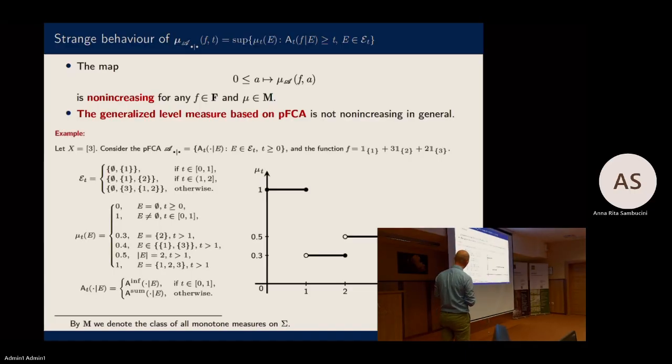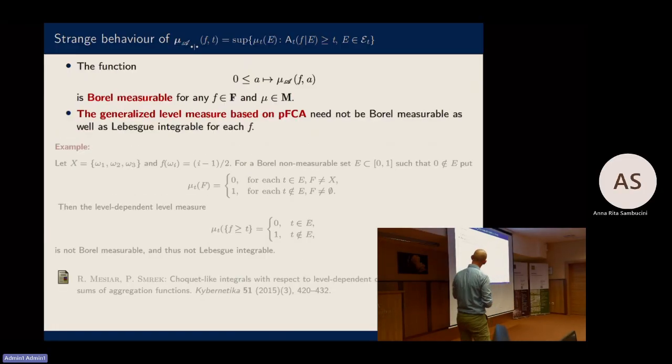There is a maybe complicated example where you can see how it is possible to choose the collection, how it is possible to choose the system of parametric measures, and how it is possible to choose the system of aggregation operators. And that's the result. We can see that it is not non-increasing, so we should be very careful when considering measurability, for example, because this function need not be Borel measurable and therefore need not be Lebesgue integrable.